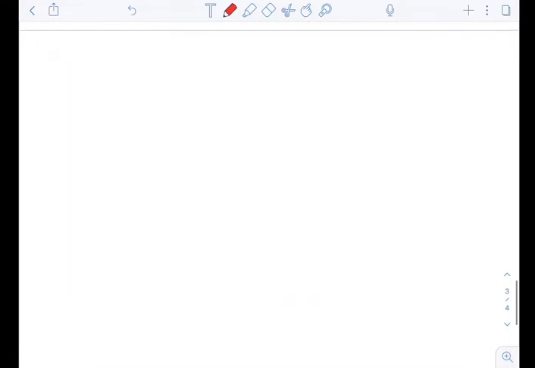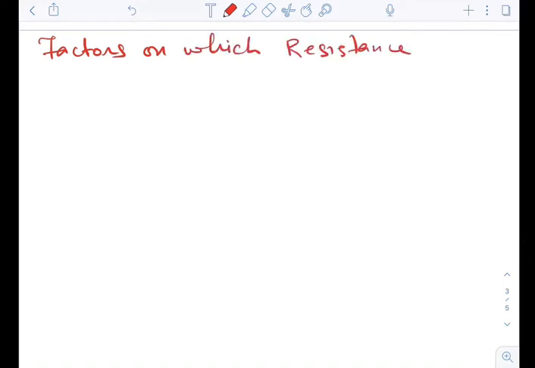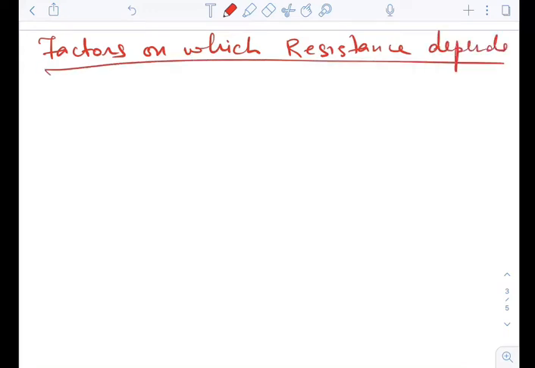Next up we have factors on which resistance depends. The first factor is the nature of conductor or material. It depends on different conductors or different materials. Like if we are having wood, it does not conduct, it has a very high resistance.